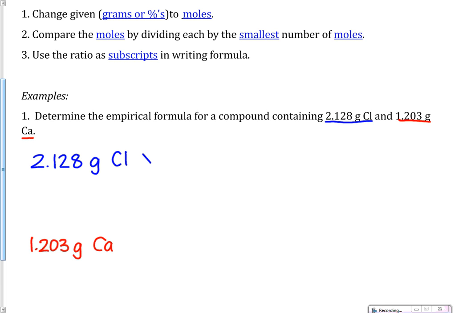Now, if you look at your first step, the first step says to change the givens to moles. So you're going to want your periodic table out, and you're going to find the number of grams that are in a mole of chlorine. So if you remember factor label method, the unit we're trying to get rid of is going to go on the bottom. The unit we're trying to convert it to is going to go on the top. And we know that 1 mole, according to our periodic table, has 35.45 grams of chlorine.